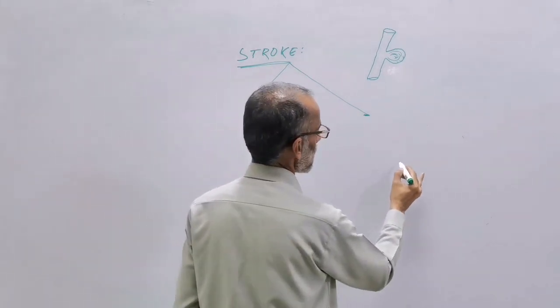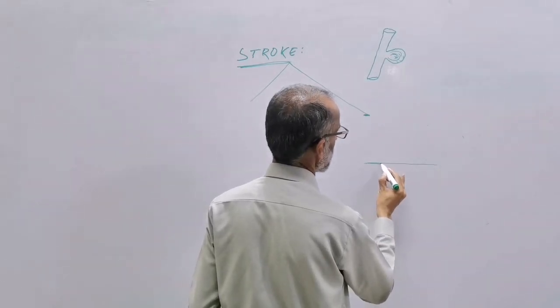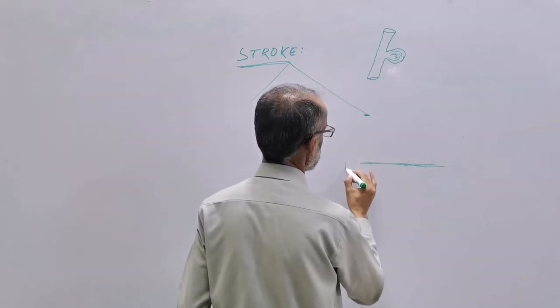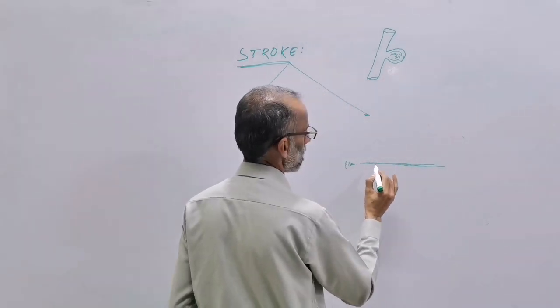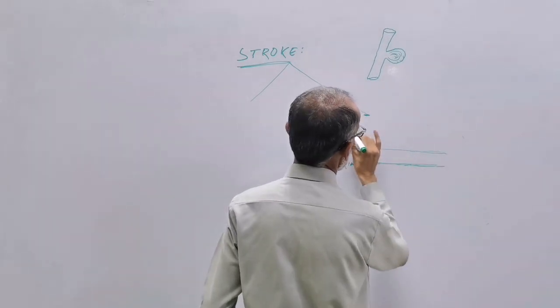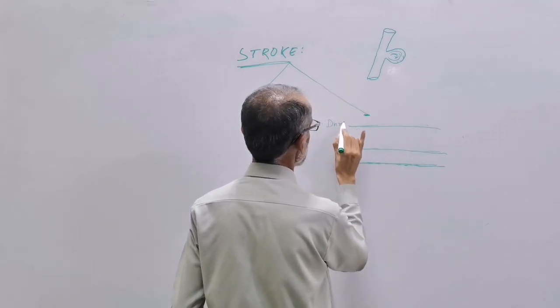As we know, the brain is covered by three protective layers, the meninges: the pia mater, the arachnoid in the middle, and the topmost is the dura.